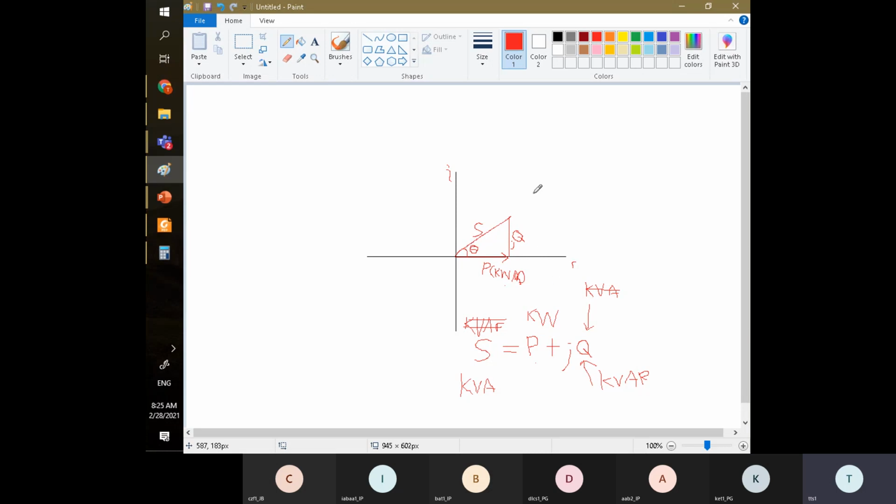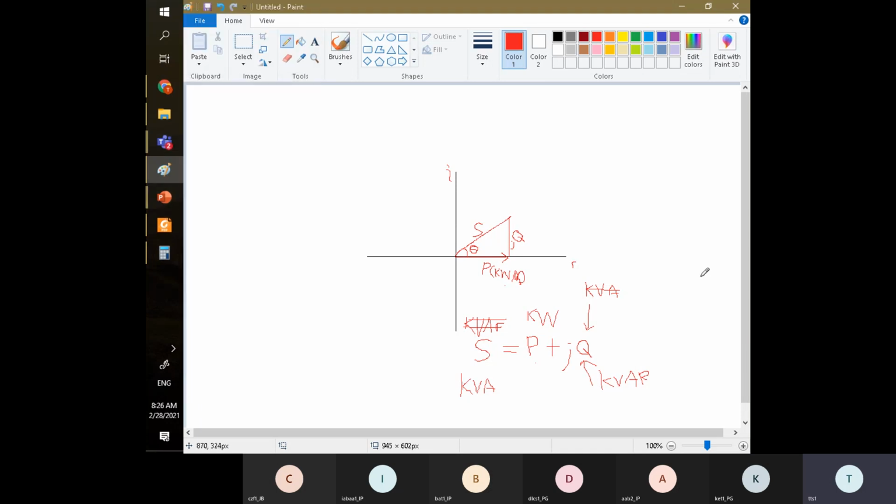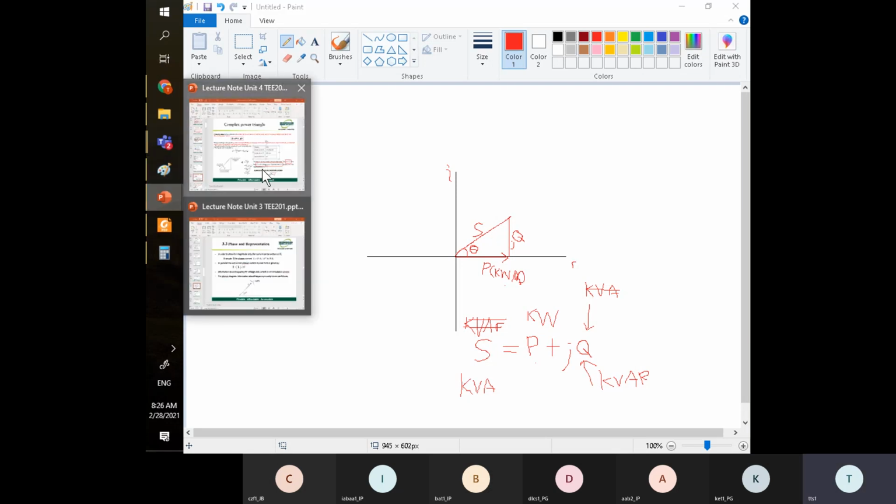So I hope in this format you can understand. This is why we need to learn the phasor, and the phasor is quite useful in this situation. You can find it totally represents the whole system: the real, the reactive, and the complex power. Sometimes they call it apparent power also.